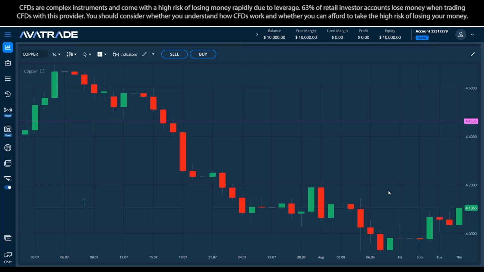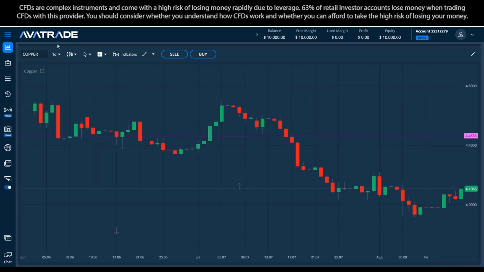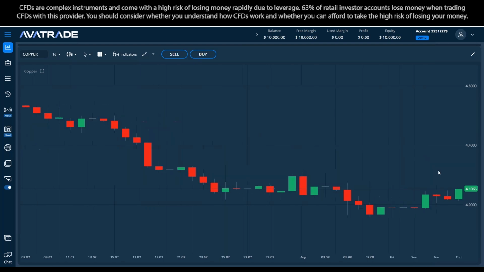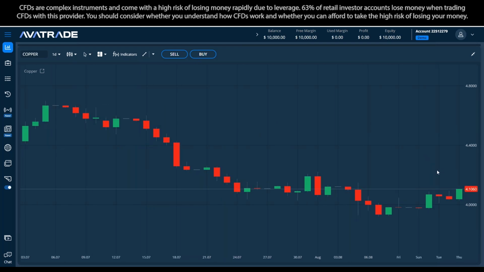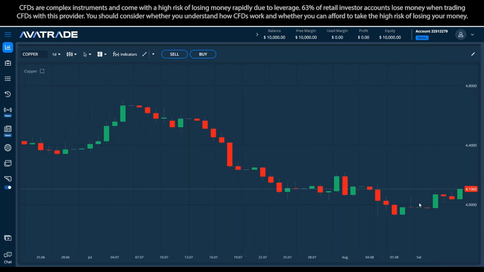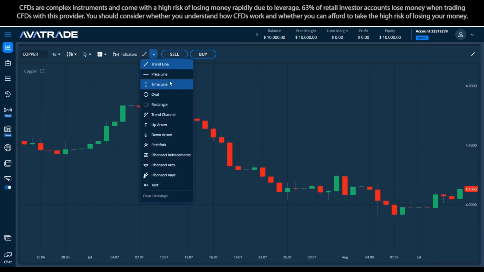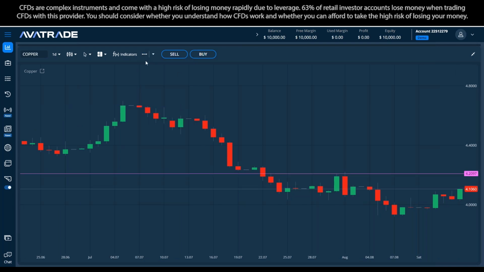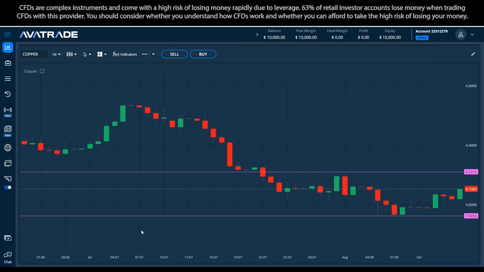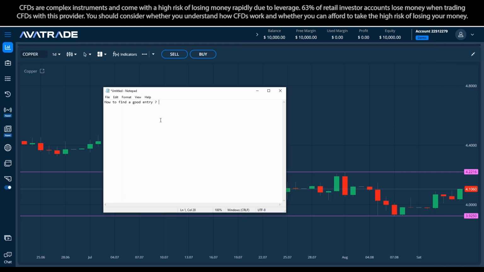Already we have some nice lines. I think I might want to get rid of those lines and place them from the beginning. All right, let's place some lines, just to have an idea. How to find a good entry. Who knows what an entry is?